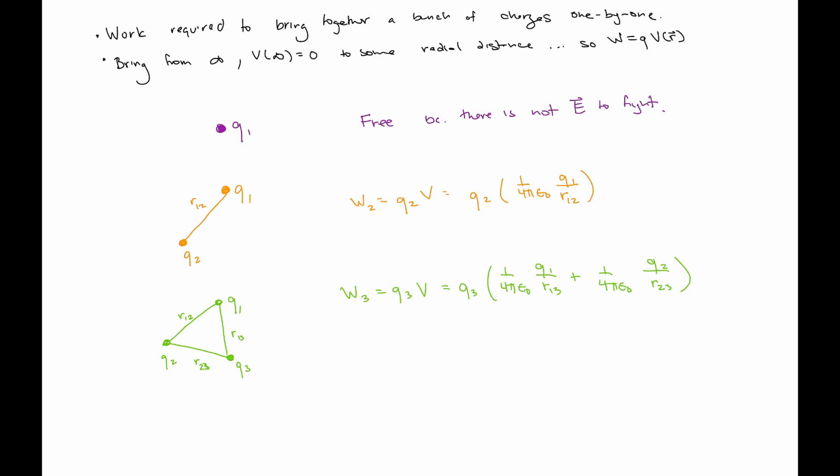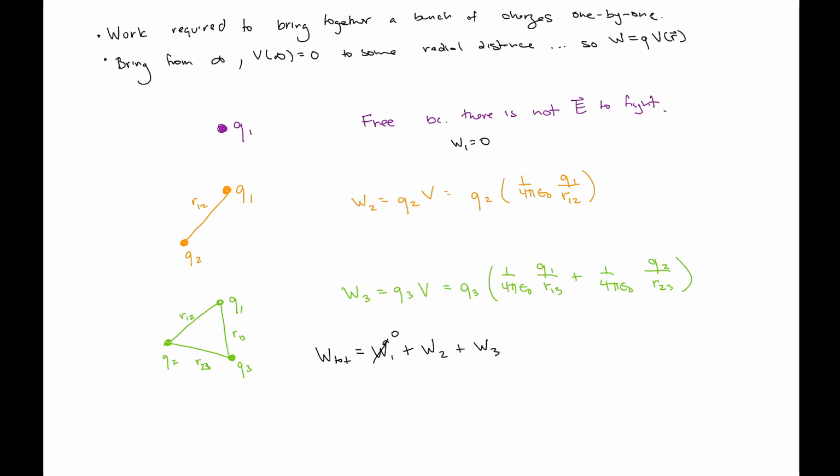I could do this a whole bunch, but let's end it there and see if we can see a pattern. For this particular situation, the total work to assemble this charge configuration is equal to the work done to bring that first charge in, which was 0, plus the work done to bring the second charge in, which was not 0, plus the work done to bring the third charge in.